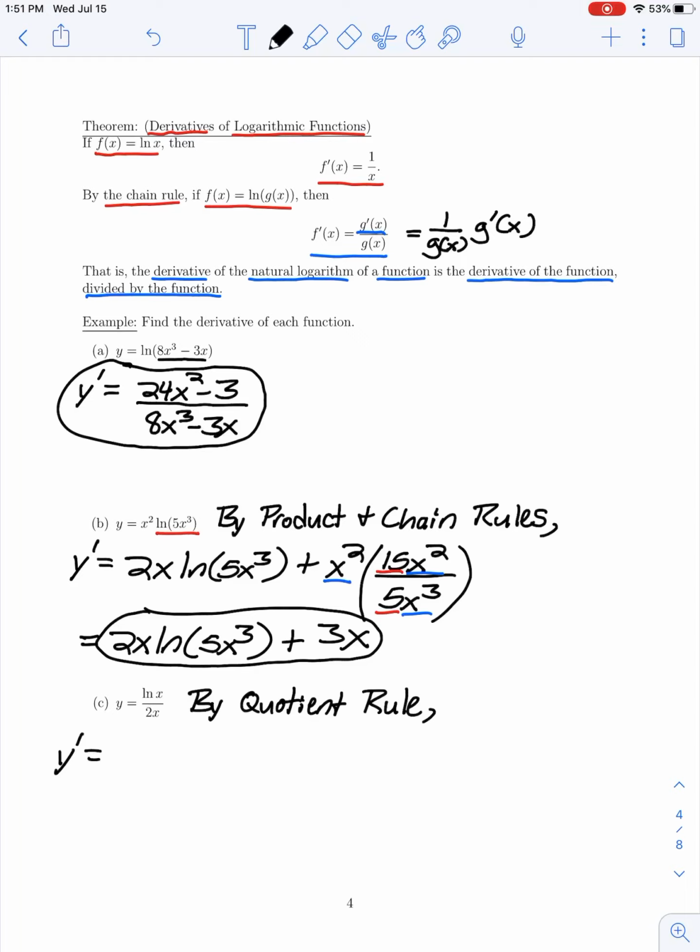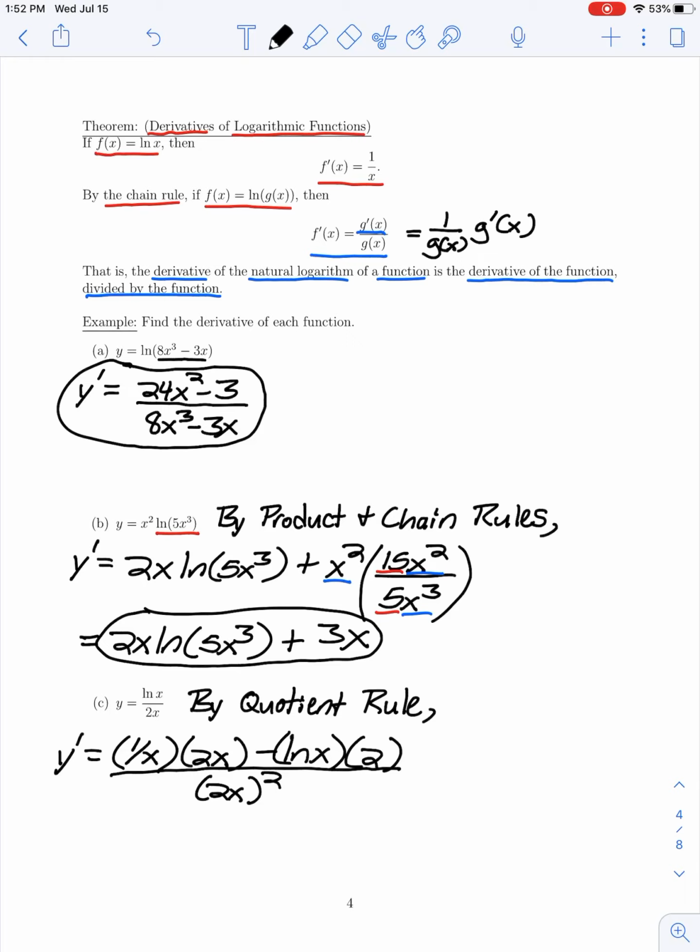Now the derivative of natural log of x, we stated in our theorem, was 1 over x. And then we multiply by the denominator, which was 2x. Then we subtract the numerator, which was the natural log of x, times the derivative of the denominator. So the derivative of 2x would just be 2, and then the entire thing is divided by our denominator, which was 2x quantity squared.